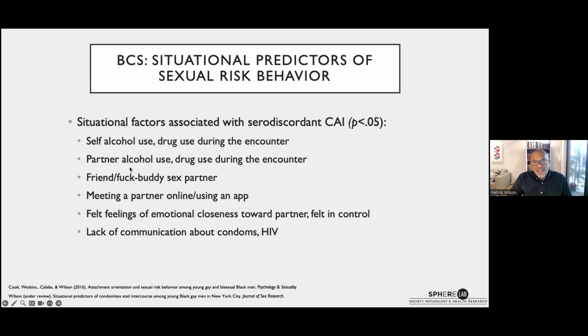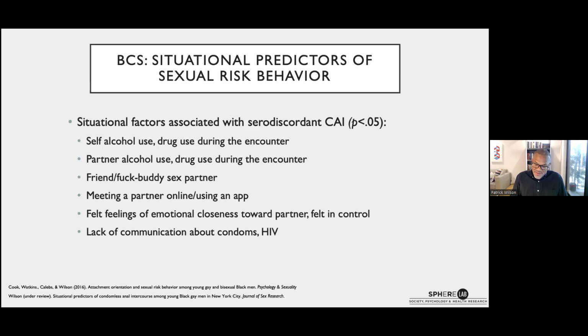But when we look at the factors primarily associated with serodiscordant condomless anal intercourse, and this is across different projects, Project Logon and BCS, we found substance use as a factor that was related to serodiscordant CAI.